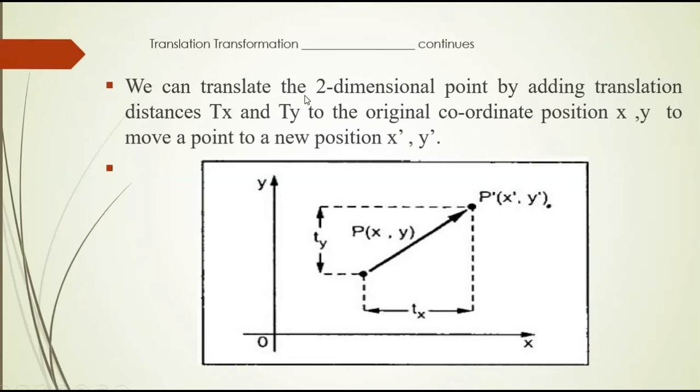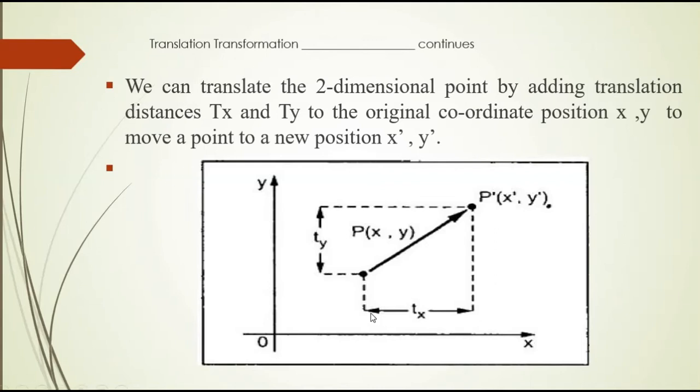We can translate a two-dimensional point by adding translation distances Tx and Ty to the original coordinate position x and y to move the point to a new position, x dash and y dash.